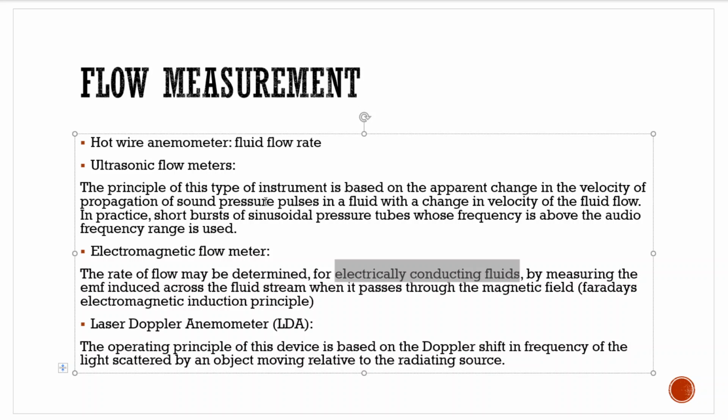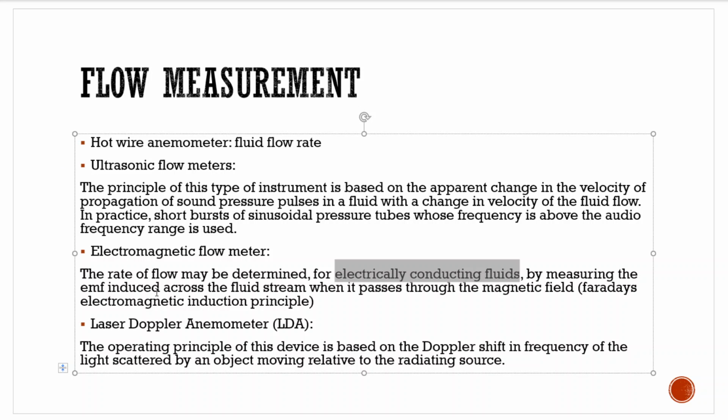So we have an electrically conducting fluid that's actually moving, and it's placed in a magnetic field. We know by electromagnetic induction principles that an EMF will be induced in this fluid. Fine. E is equal to BLV. We know B, we know L, we know E, so we can measure the velocity with which this fluid is moving. Fine.